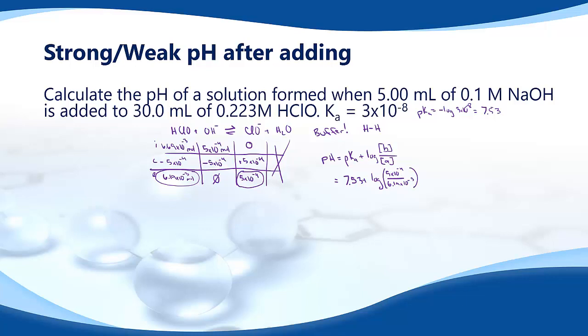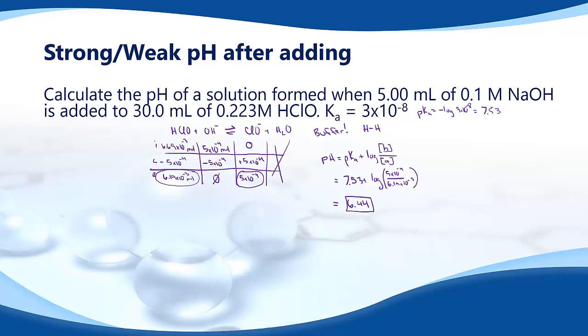Now, pointing out here, since this is going to be less than 1, the log of our decimal answer is going to be a negative number, which we'll subtract from here, which is the reason why this will actually work out the way that we hope. So we evaluate this, and we actually wind up with a pH of 6.44.